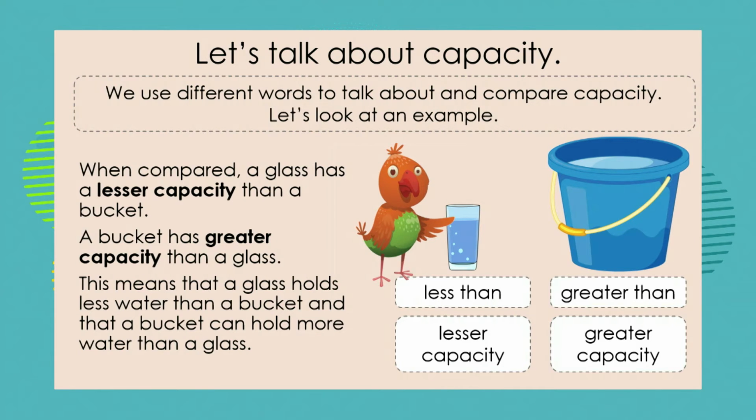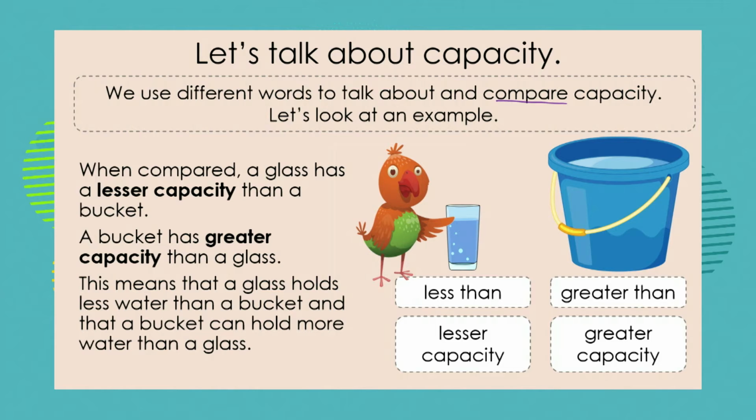We use different words to talk about and compare capacity. So let's look at an example. When we use the word compare, grade ones, it means that we have two objects and we want to look at both objects, maybe at how they look or how heavy they are or at their capacity, and to compare them.